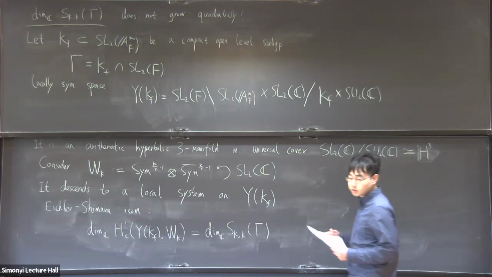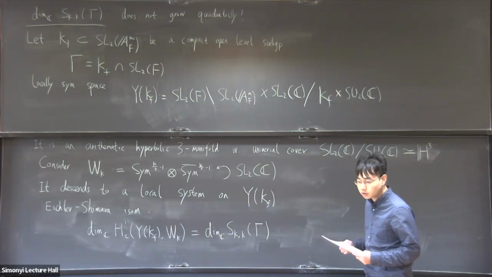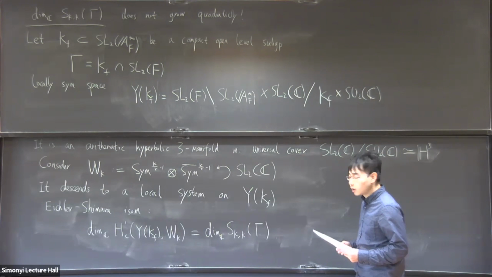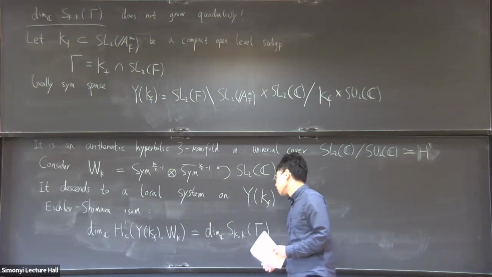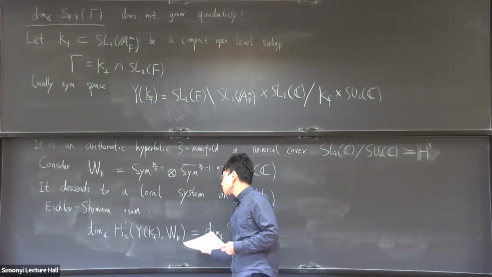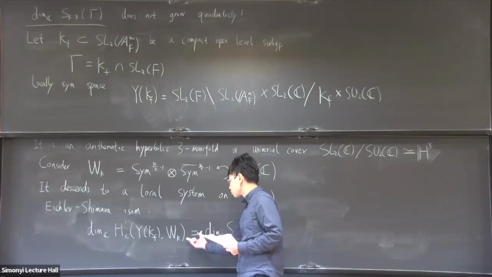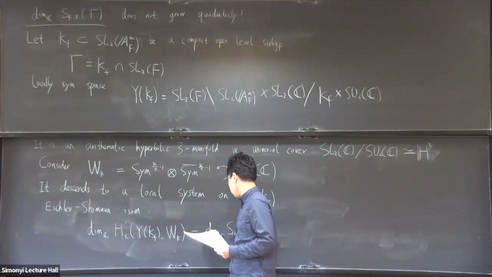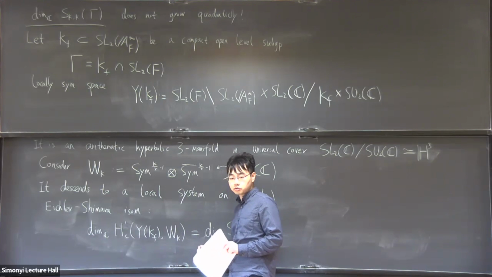Which two groups? The group H1 with compact support and the group S_KK, are they canonically isomorphic? Actually, a similar formula holds true for general number fields, but they differ by a power of 2.